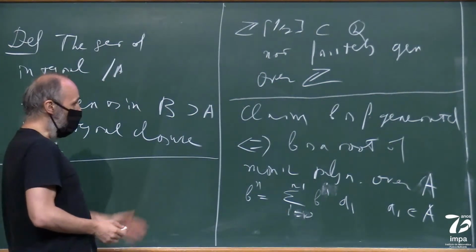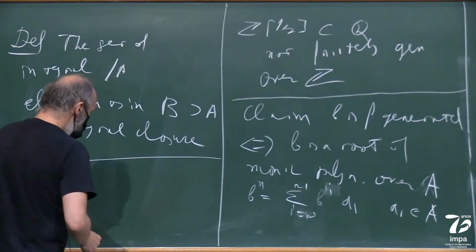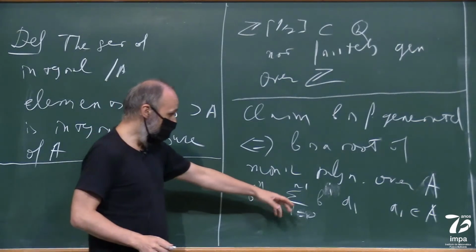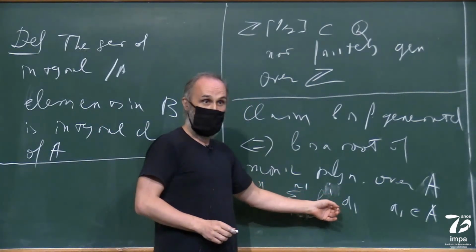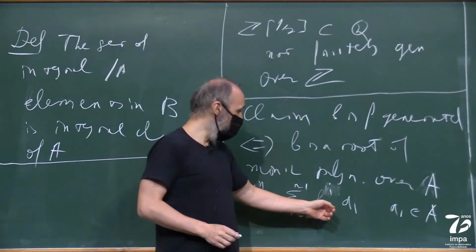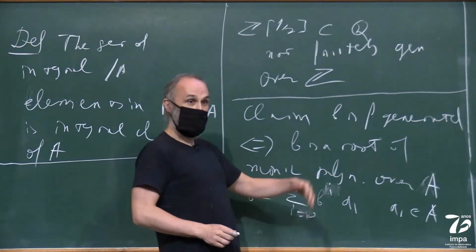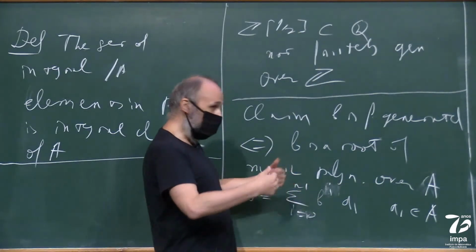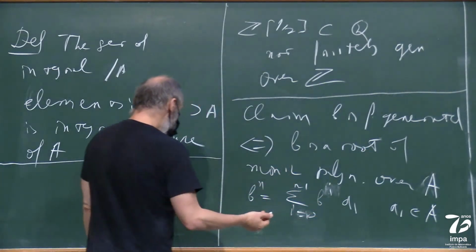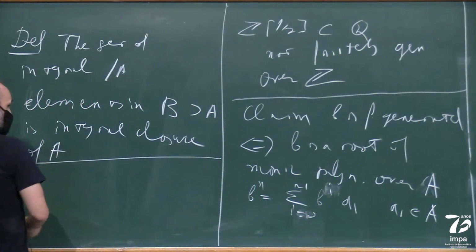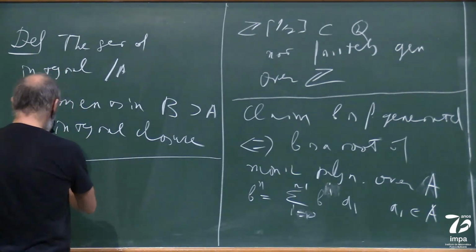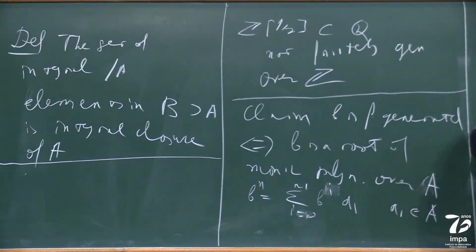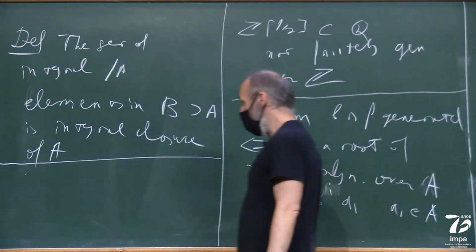Yeah, but let me explain. So how do you prove this claim? Suppose that this is true. Then b^n is expressed through the lower degrees. Then b^(n+1) is also expressed through the lower degrees, and so on. So one direction is clear. On the other hand, suppose this submodule is finitely generated. This means that it terminates.